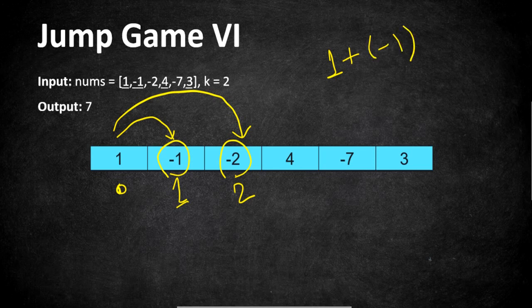From the first index, you again have options to land on 4 or minus 7. Let us consider landing on 4, because minus 7 is a lesser value. Adding 4 to our result makes it 4.